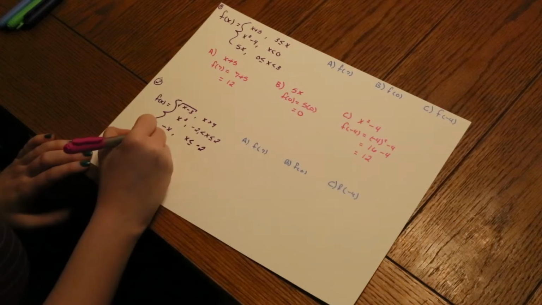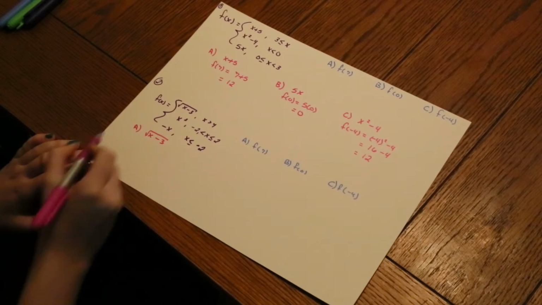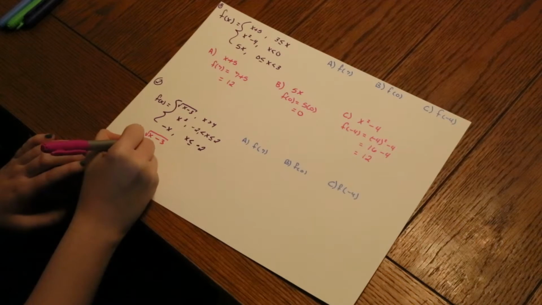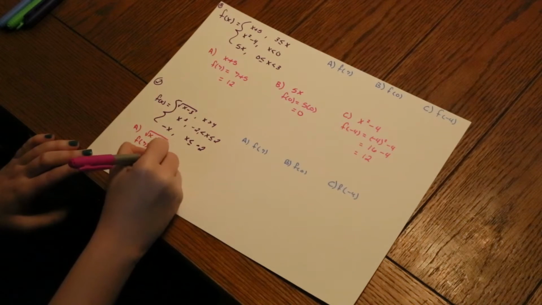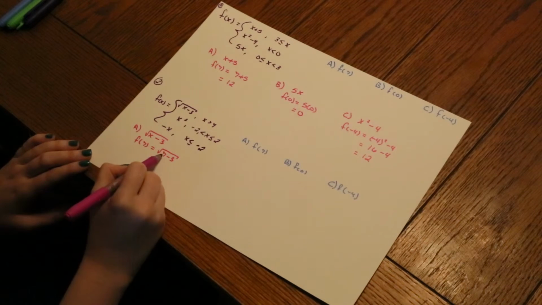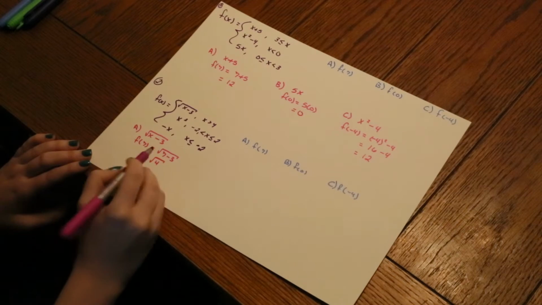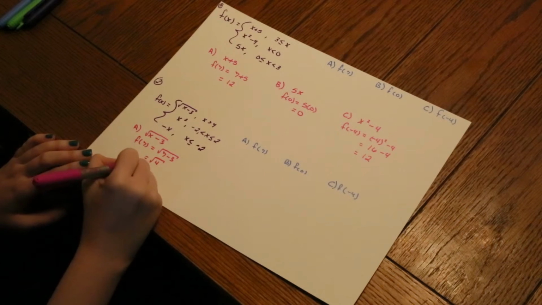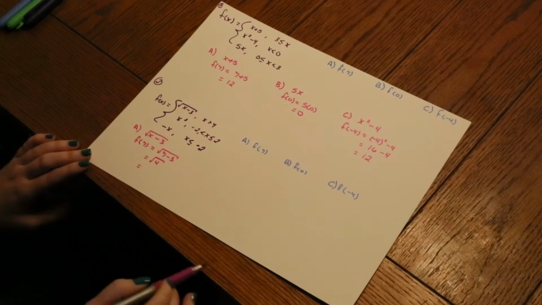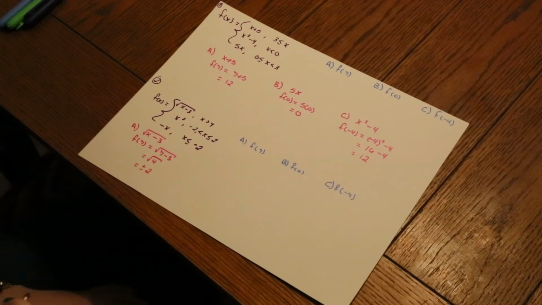So you will be using the square root of x minus 3. You will implement the x into this equation in order to solve. 7 minus 3 is 4. And then the square root of 4 is technically positive or negative 2 because you can always have two answers for a square root.